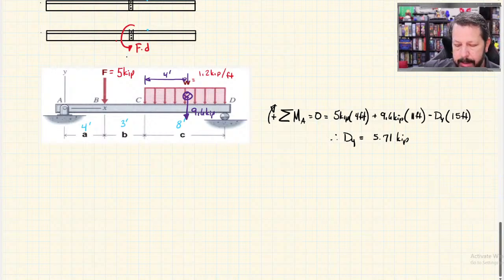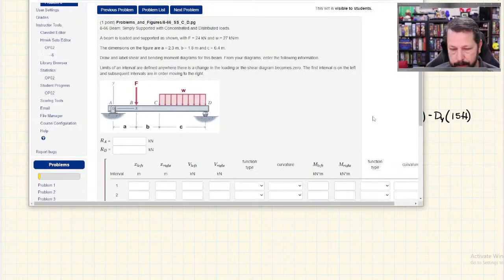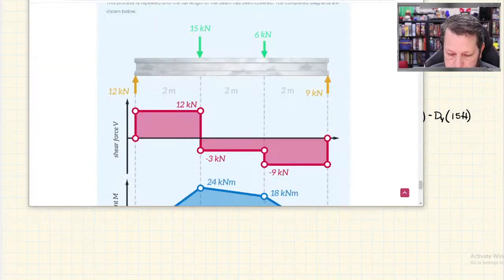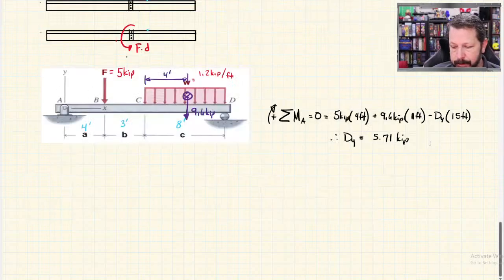So what'll happen is when I'm drawing my shear and bending diagrams, the ideal situation is you start at 0, you do all your rule following, and you end at 0. On both the shear and the bending moment, they both start and end at 0. If you do some rounding like I did, then that may not happen.